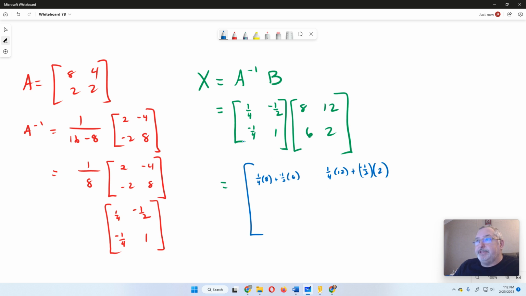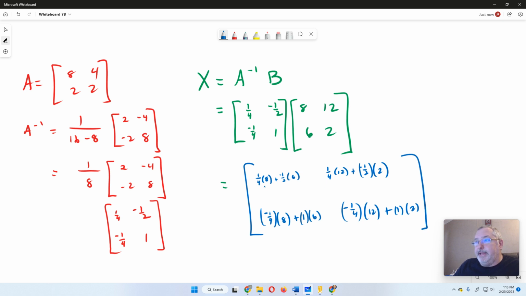So that's the top entries. Second row of the answer, negative 1/4 times 8 plus 1 times 6. Final entry, negative 1/4 times 12 plus 1 times 2.